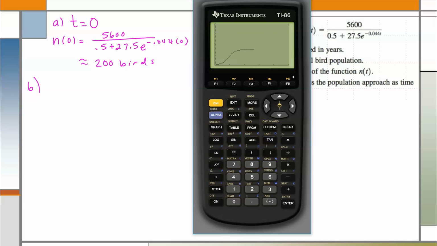There we go. Finally, we see the population leveling off, and now we want to see what value it approaches. If we hit trace and focus on the y, we're at 11,189, 11,200.